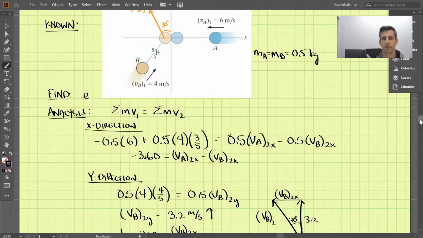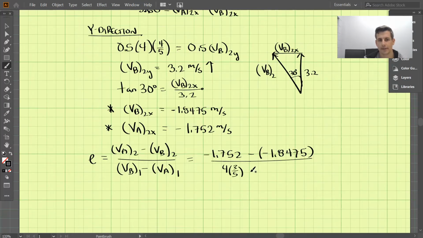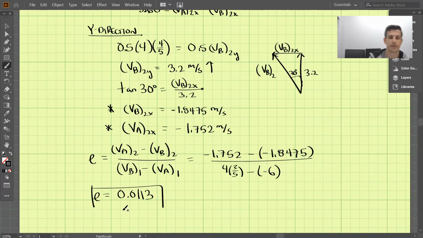That's the x direction component, 3 over 5 times 4, minus VA1, which is negative 6. Solving for this, we get a coefficient of restitution of 0.0113. And that is our answer for 1574.